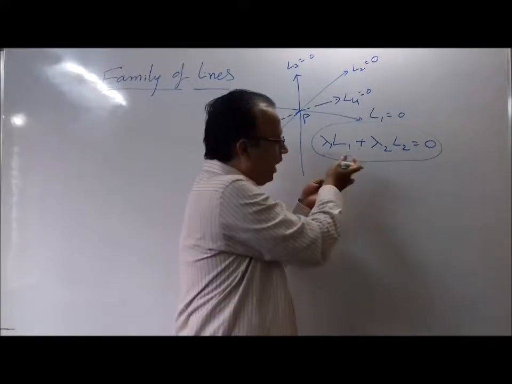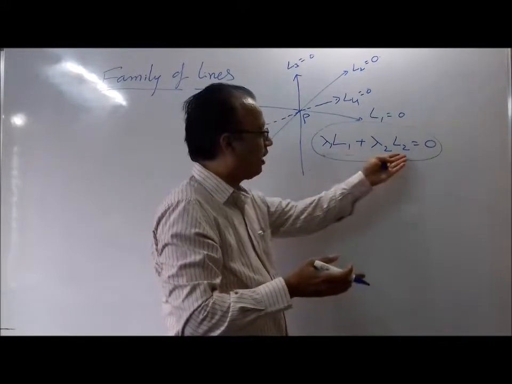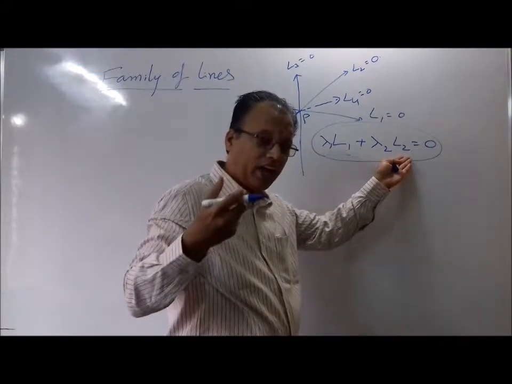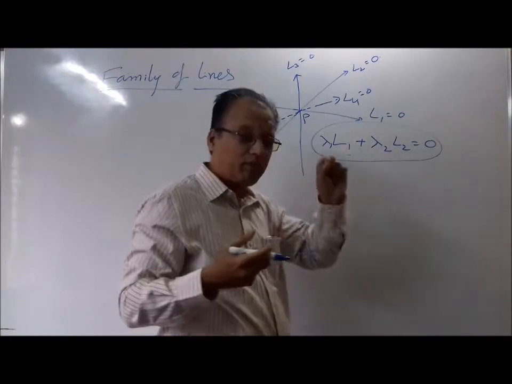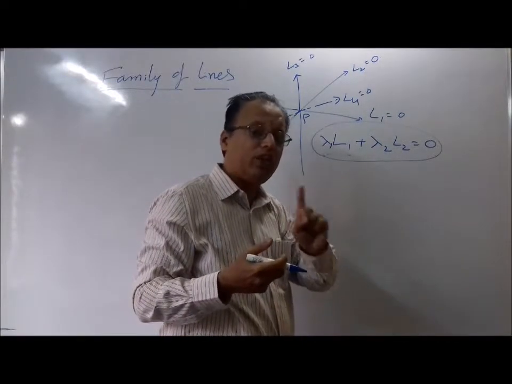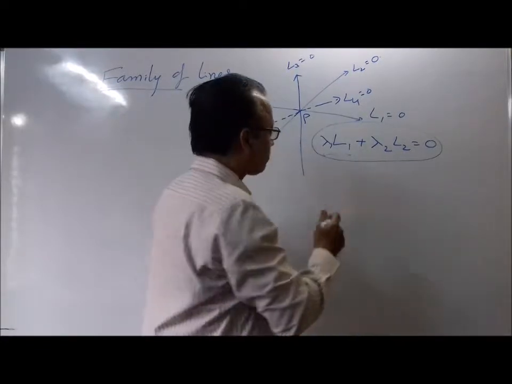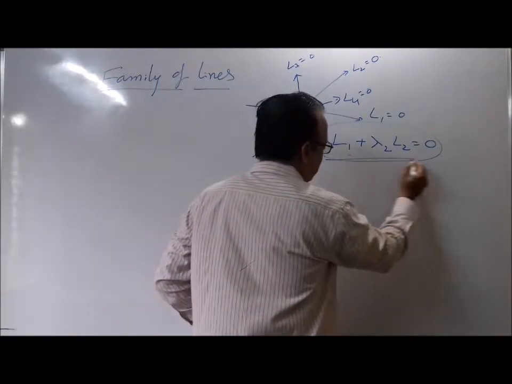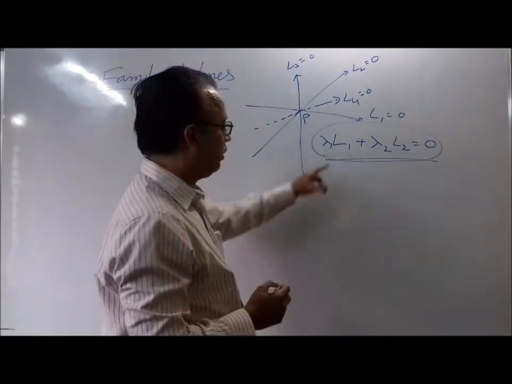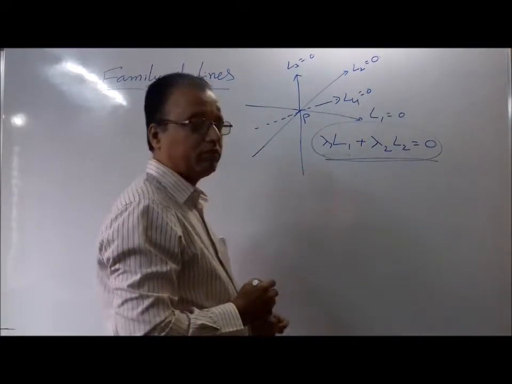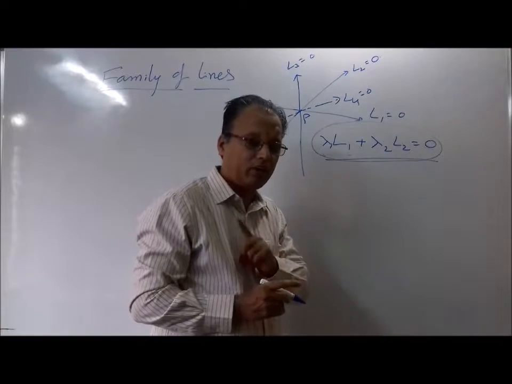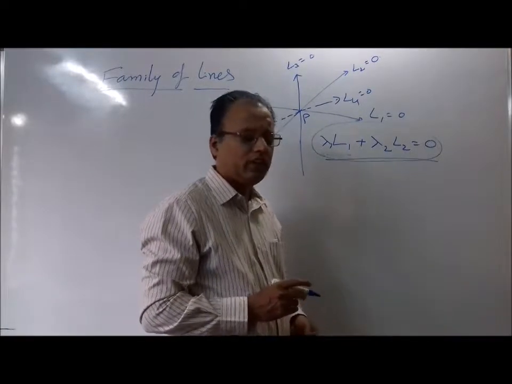So when combined, only that single common point will be satisfied. That is why the family of lines is written like this: lambda 1 L1 plus lambda 2 L2 equal to 0.